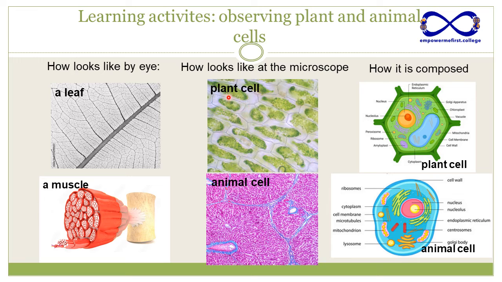We can see one plant cell, close to this plant cell another plant cell, close to it another plant cell, and the same for the animal, and how it's composed, so the same that we studied before.